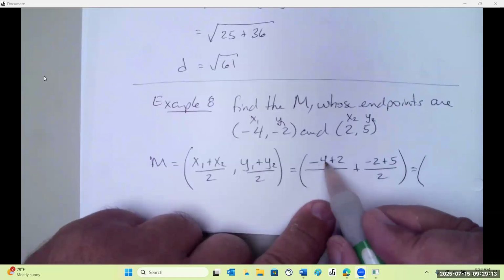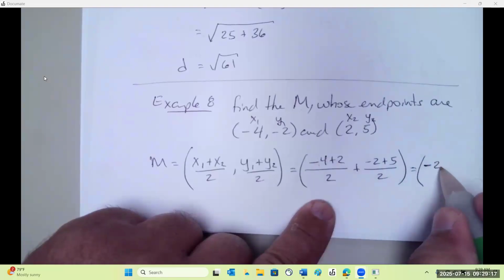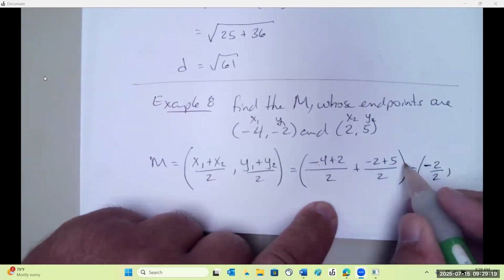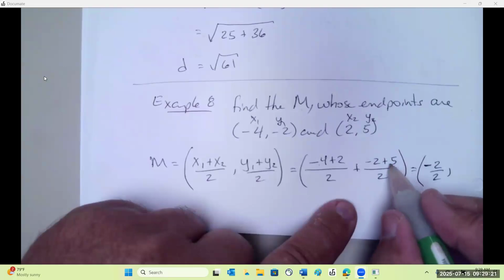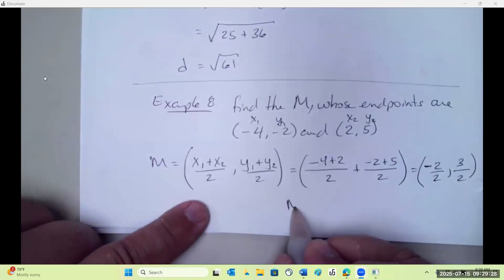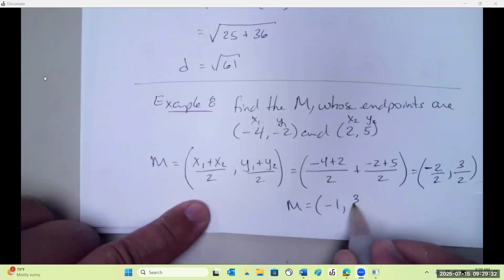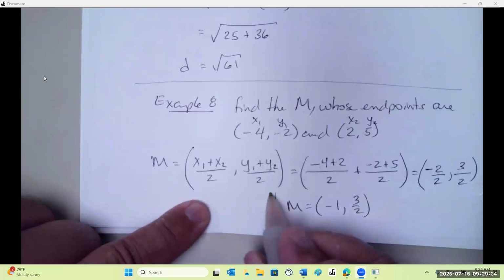Negative and positive, they're both opposite signs. Take the sign of the larger. 4 minus 2 is 2. Same thing here. This time it's positive. 5 minus 2 is 3. So the midpoint is at the location -1, 3/2.